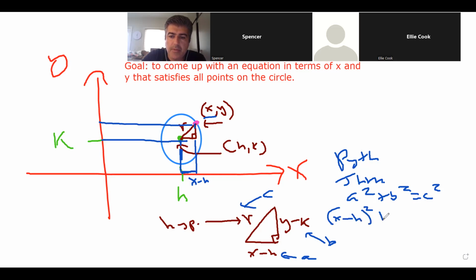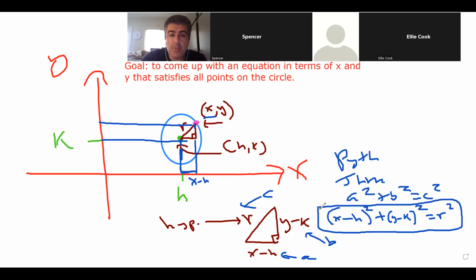So x minus h squared plus y minus k squared equals r squared. And that's all. That's where the equation comes from. So it's not something that fell out of the sky. It's actually using some coordinate geometry and also the Pythagorean theorem to come up with that equation.